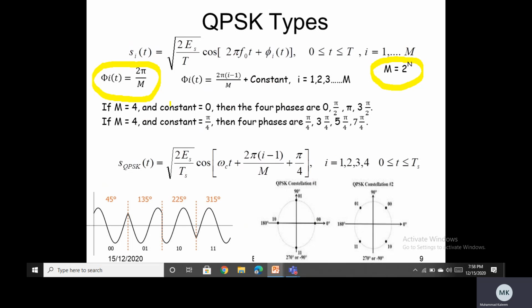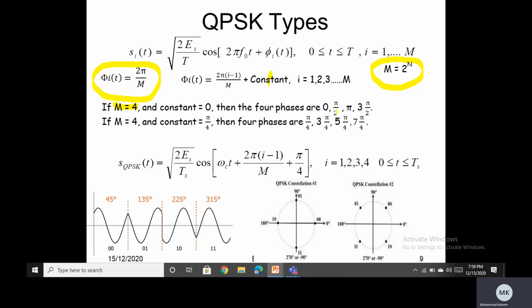So for example, in case of QPSK, we know the value of M is 4 because we represent a symbol with 2 bits, and if I keep the constant c as 0, then the first phase I calculate is 0, because if I put i equal to 1, then 1 minus 1 makes this term 0 and that will make the whole term 0. So the first symbol will be transmitted using phase 0. If I put i is equal to 2, then the value inside the bracket will be 1, and 2 pi divided by 4 gives me pi by 2.